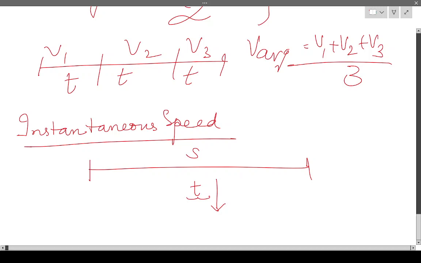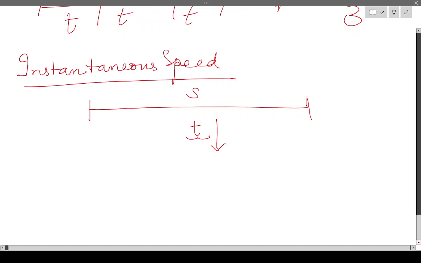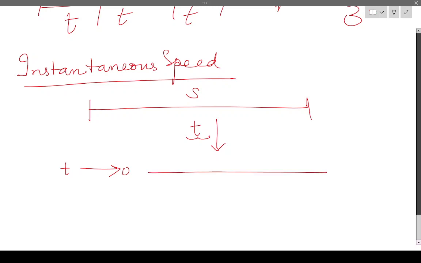But I will try to reduce it as small as possible, which means that it is going to zero, but it won't become zero. That we will call as t tends to zero. Okay. So we are reducing this time interval as small as possible.